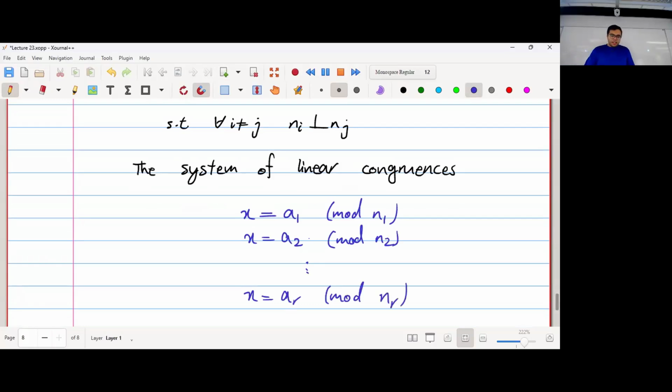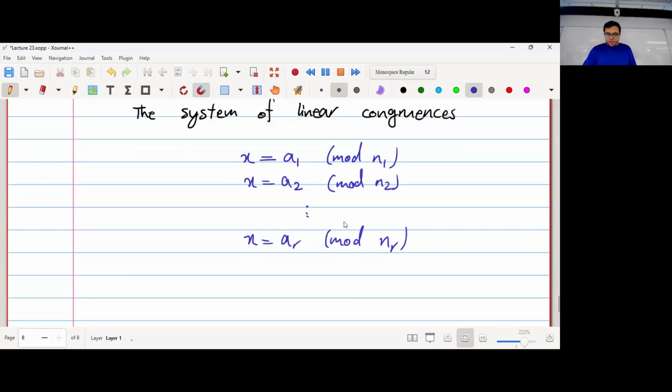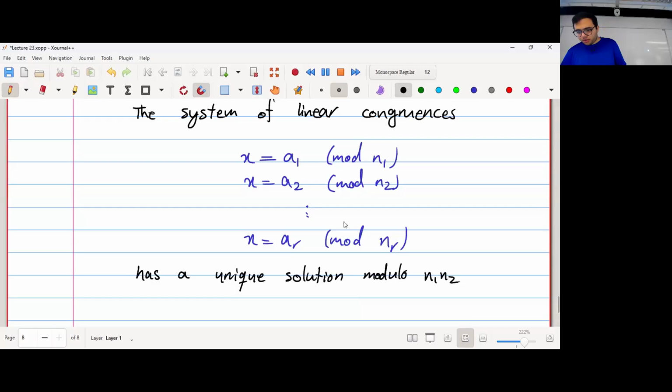Okay. I want to say that this has a solution and it has a unique solution modulo the product of the ni's, modulo n1 times n2, so on.